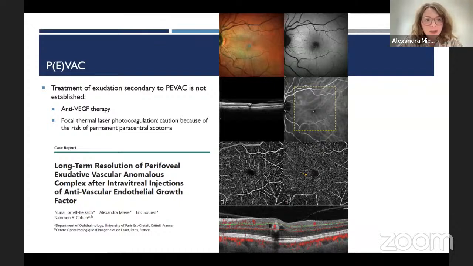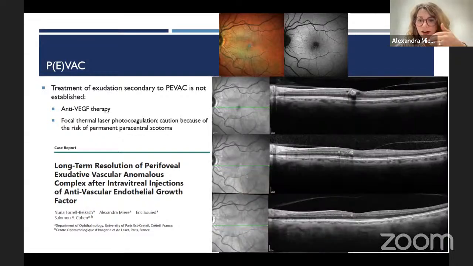Normally, we monitor patients. We did perform anti-VEGF therapy if the patient had exudation and was willing to do the injections. And this is actually quite a nice case that we published, with a patient where the PVAC completely regressed with the fluid also after 3 intravitreal injections.